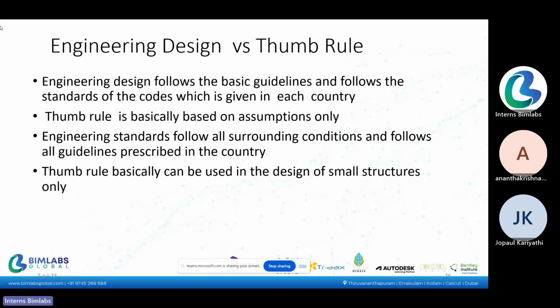But thumb rules are based on assumptions, so they cannot predict it accurately. They might say only 2 years, or 10 years. They don't have a guarantee because it's purely based on assumptions.